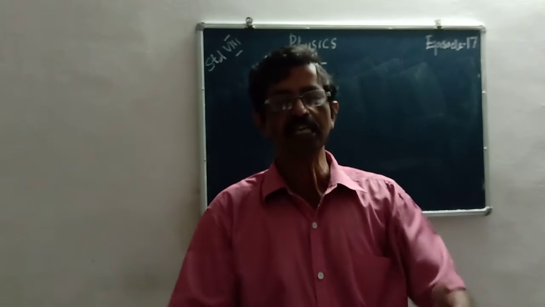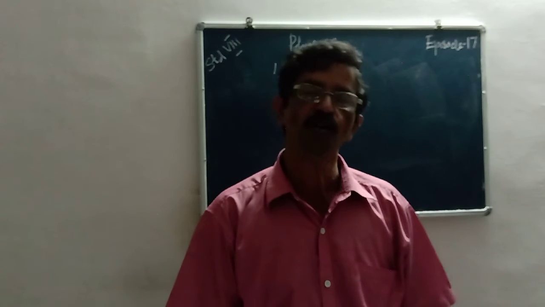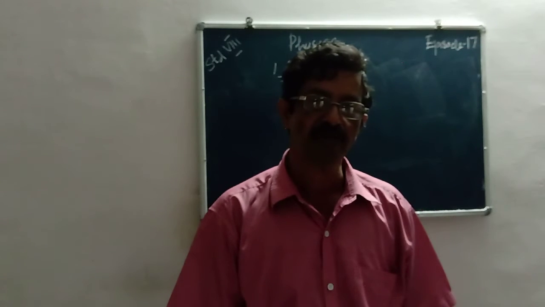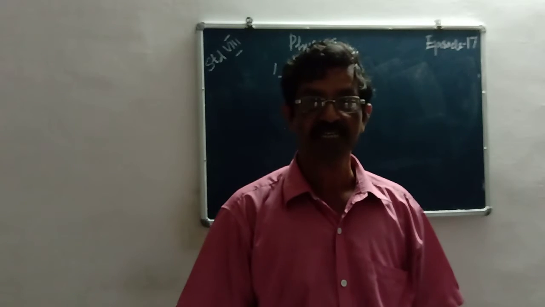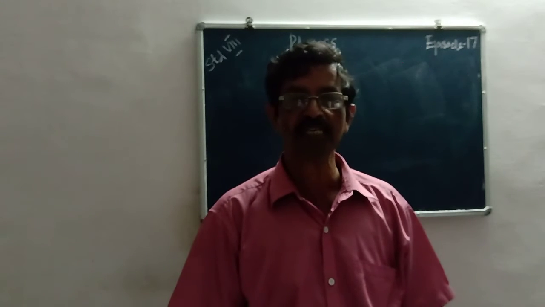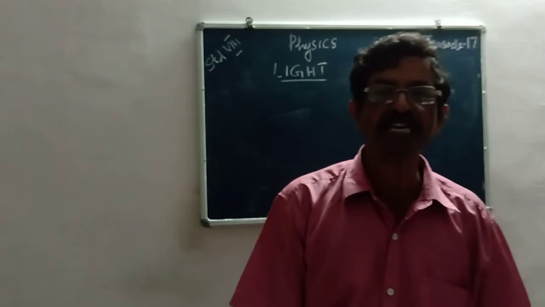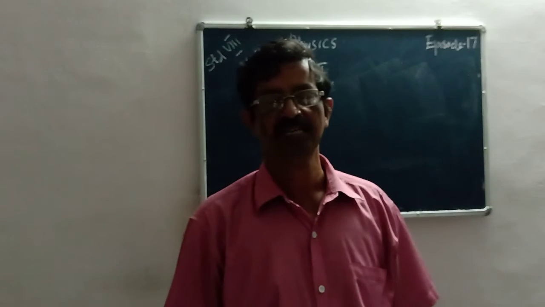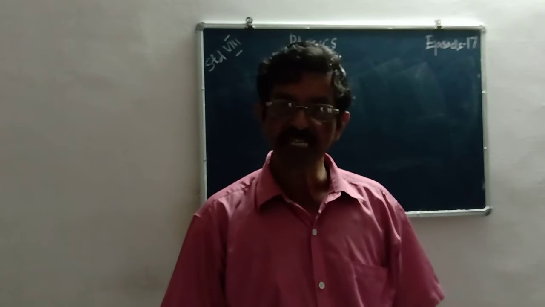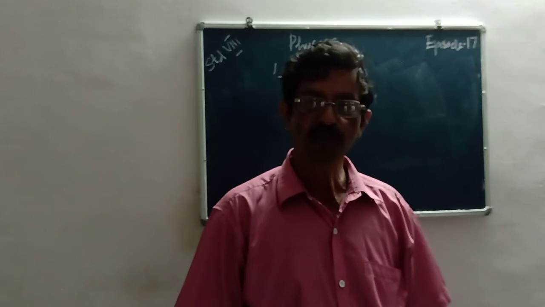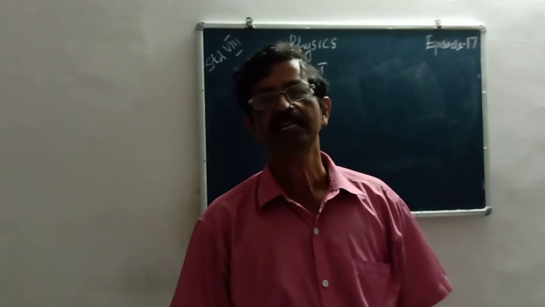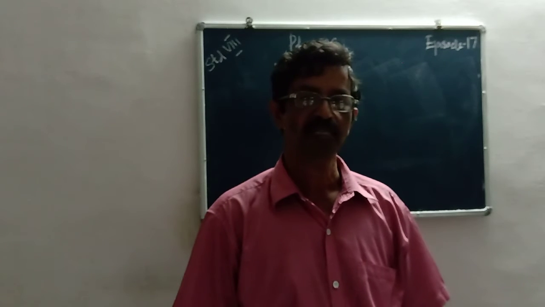That means, are the size of the object and the size of the image equal or not? Then one more thing, can the image formed by a plane mirror be held on a screen? These are the things you studied in your previous class.